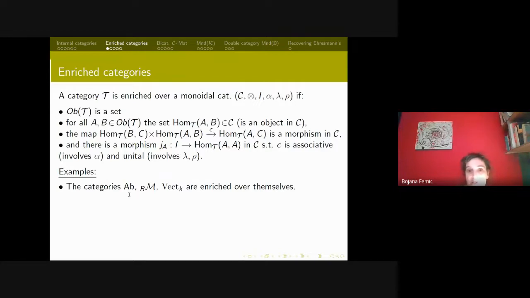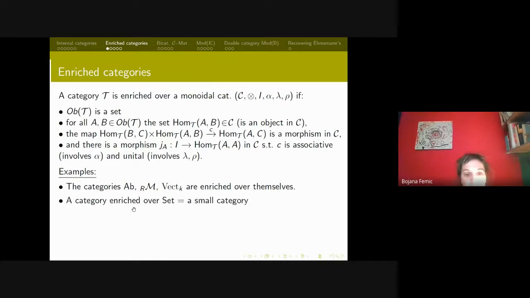So actually, this hom set itself has the structure of a group. And the same happens for our modules and vector spaces. So there we have this linearity with respect to R and K. And okay, all the structures are there so that you have indeed an enriched category. People are not always saying this, but this is a fact in the background.